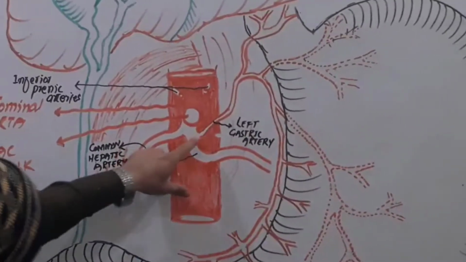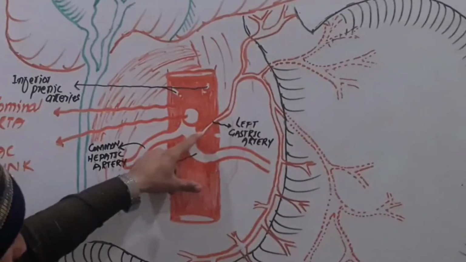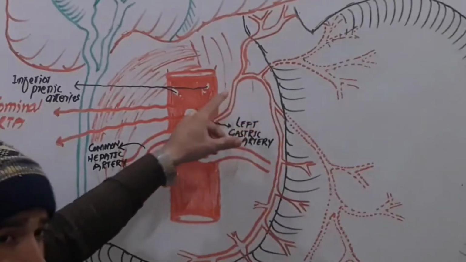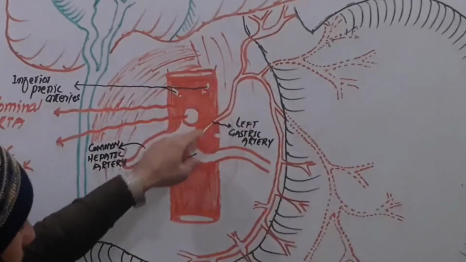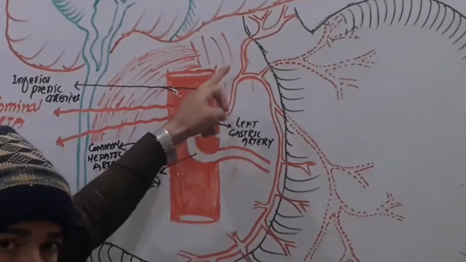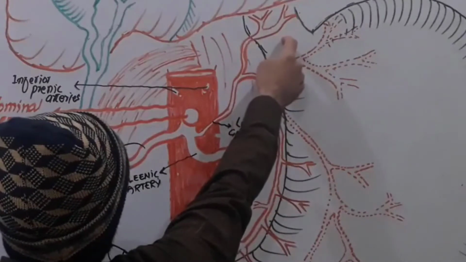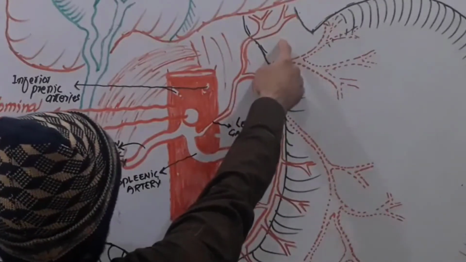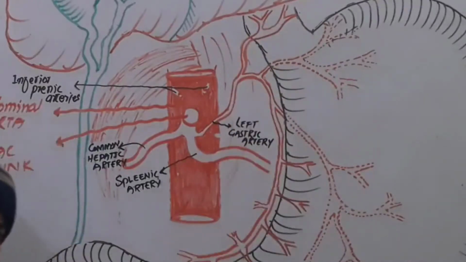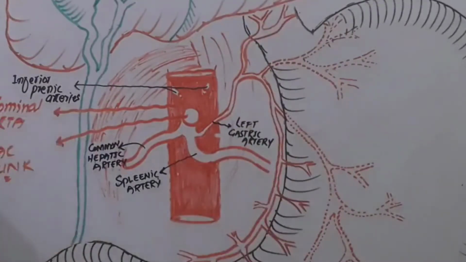Look carefully. When this artery arises from the celiac trunk, it moves a little bit to the left side and then anterior-superiorly, and it ascends upward, right, towards the cardiac region, or we can say towards the junction of the esophagus and the stomach, the gastroesophageal junction, right?